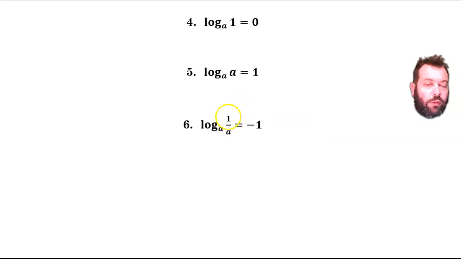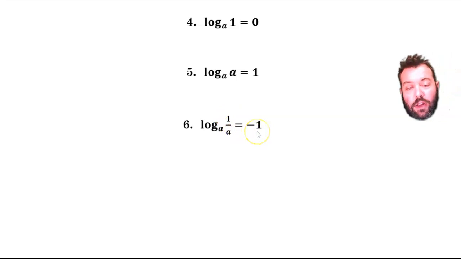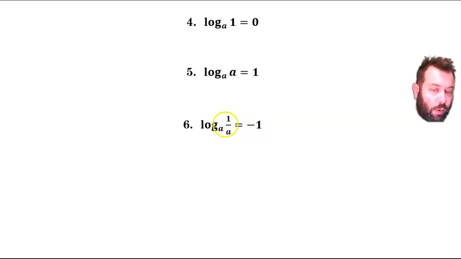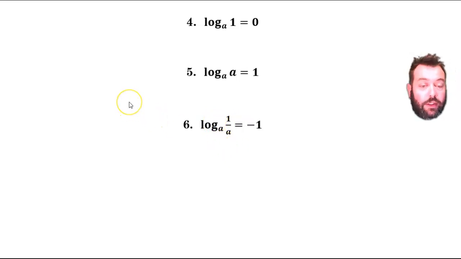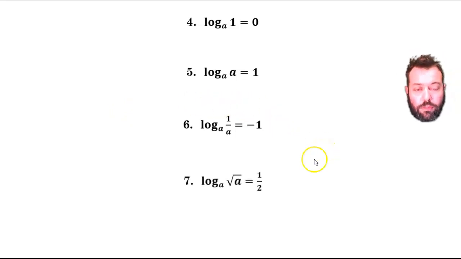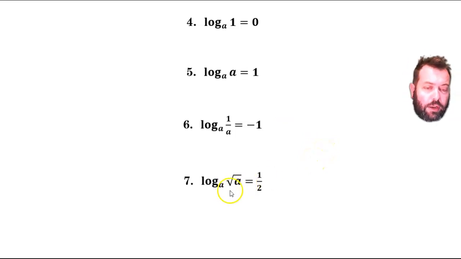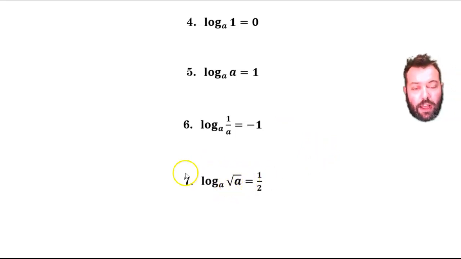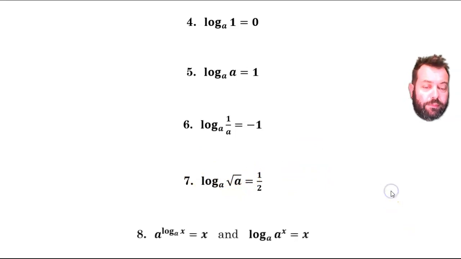Now, we can rearrange that and combine some other laws and say that the log of 1 over A is negative 1. We could say that's A to the negative 1, using a negative index, and then the negative coming out the front would be the negative of 1. The log of the square root of A, that's A to the 1/2, the half goes out the front, equals 1/2.